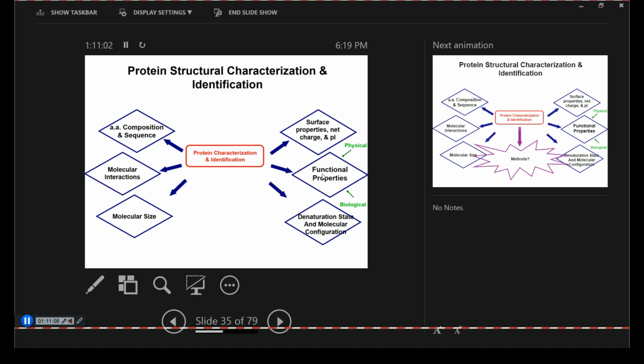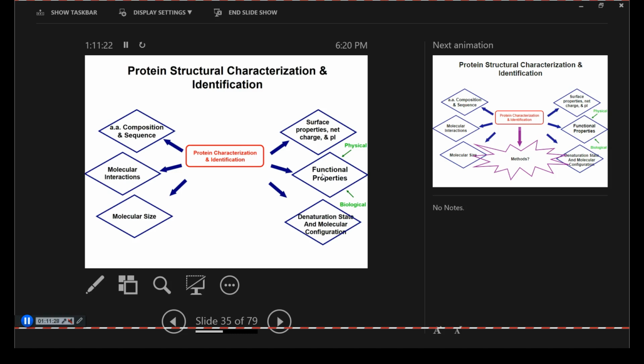Okay, another characteristic is the functional properties, and we will talk about that in a separate lecture, on the functional characteristics of the protein. There we talk about physical properties and biological properties.